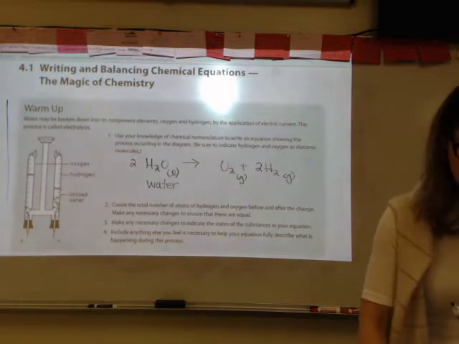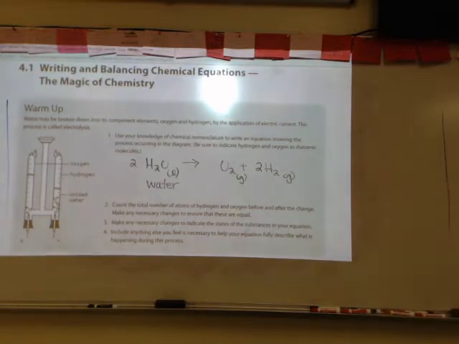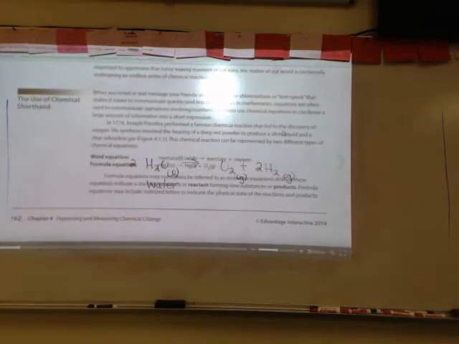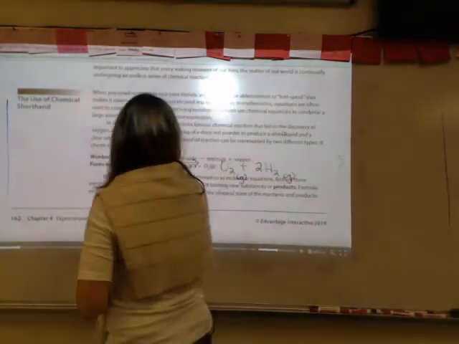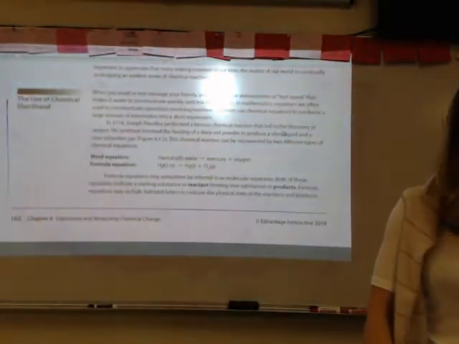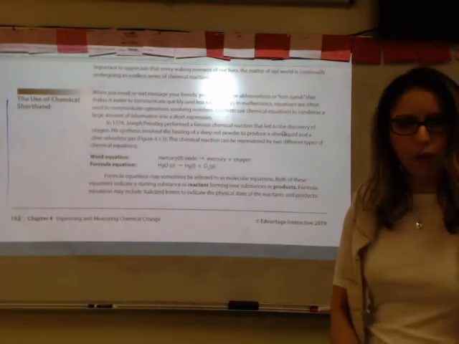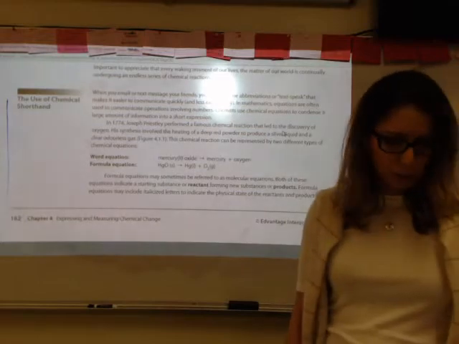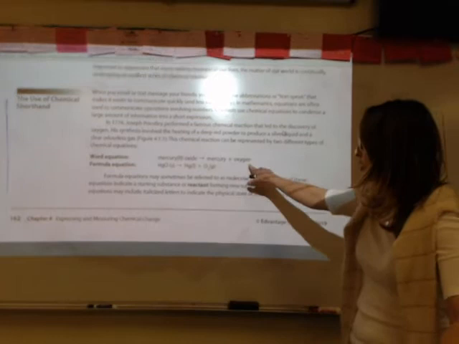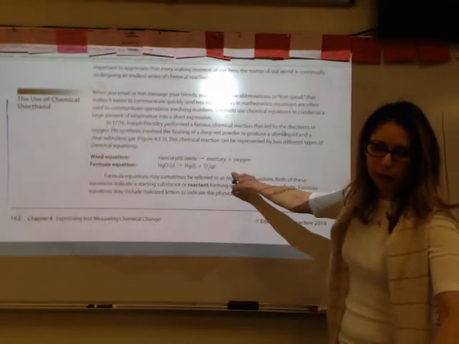Now, let's take a look at the use of chemical shorthand. So chemists use chemical equations to condense a large amount of information into short expressions, and there are 2 different types of chemical equation. There's a word equation, and then there's the formula equation.